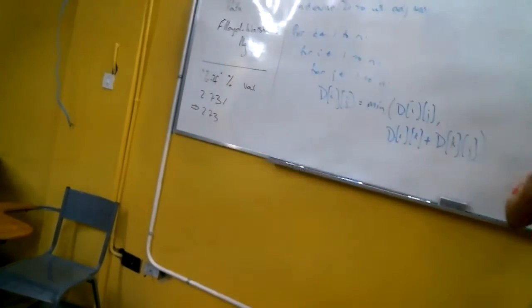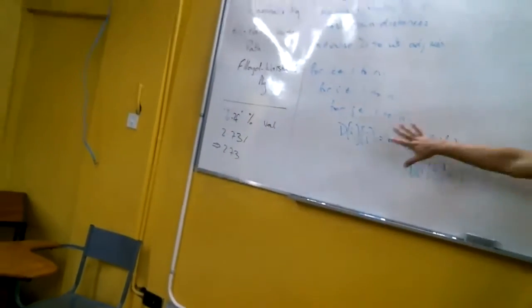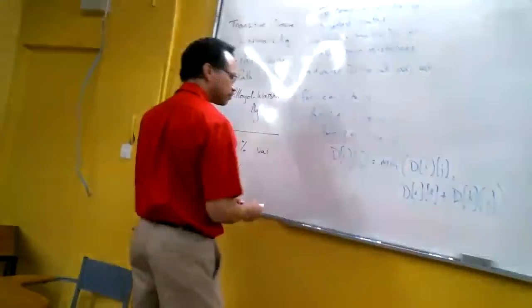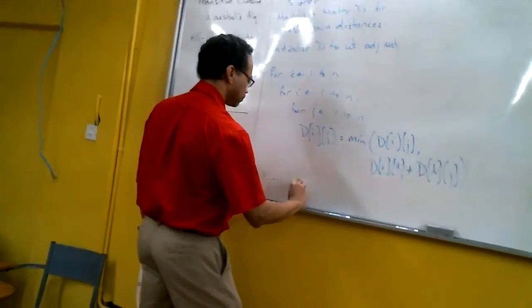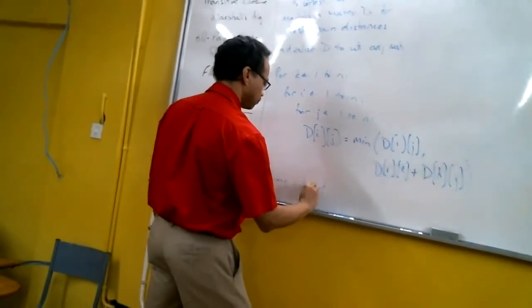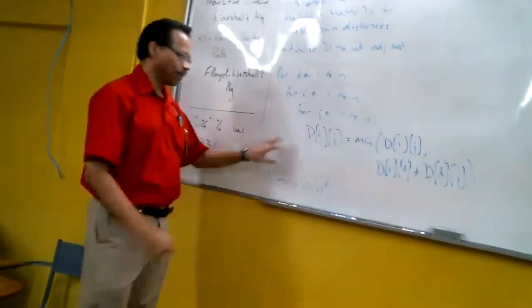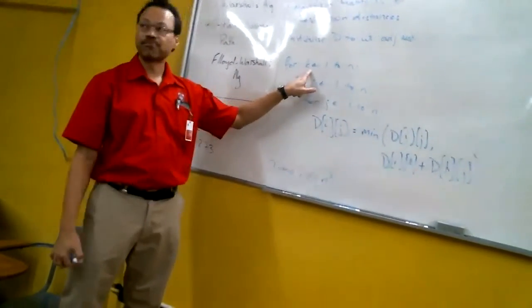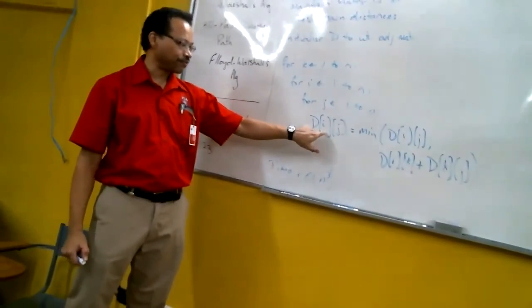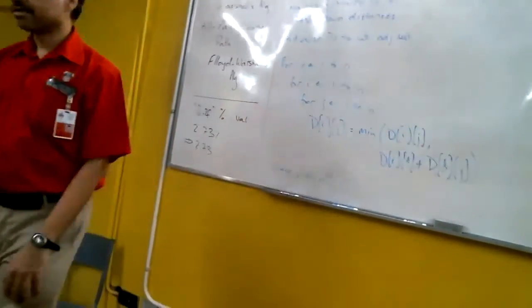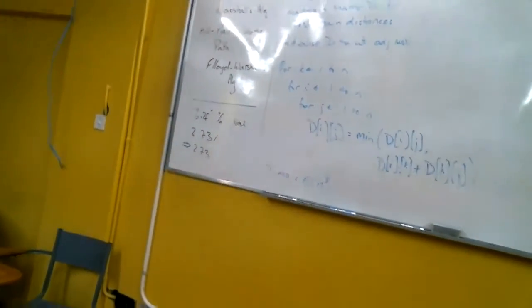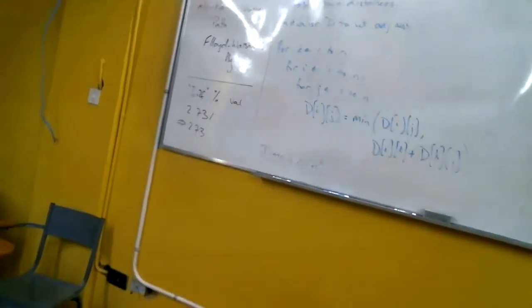That's Floyd-Warshall's algorithm. Again, time complexity, order n cubed. What this will do, by the time this loop finishes, is you'll have the best known distance from any node to any other node throughout the graph. Okay? Any questions?